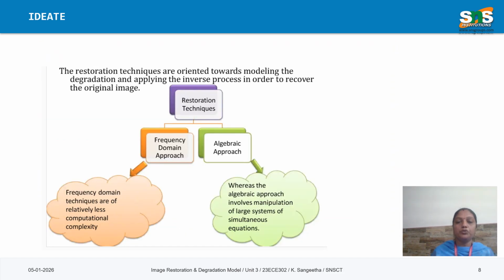We can use two types of restoration techniques. One is frequency domain approaches, and another is algebraic approaches. The frequency domain technique has relatively less computational complexity, whereas algebraic approaches involve manipulation of large equations and large systems of simultaneous equations.